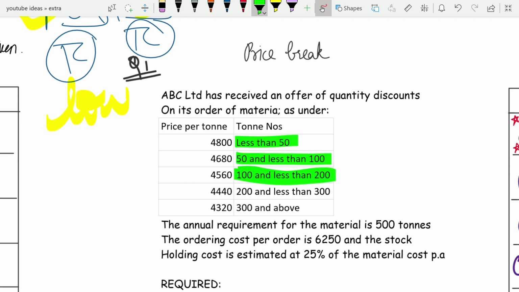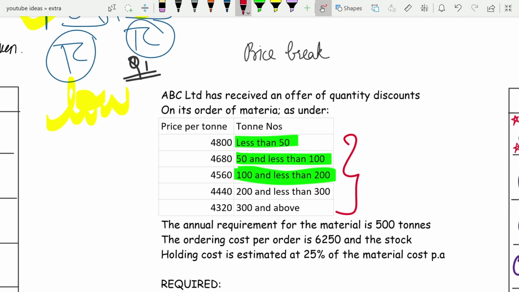Usually until now, we have only seen that a specific number will be the order quantity, let it be 50, 100, 200, 300, 600. But now, rather than giving you a single order quantity, they have given you a range of order quantities.